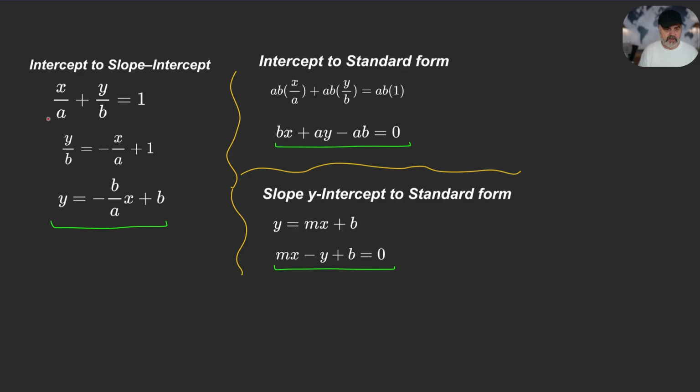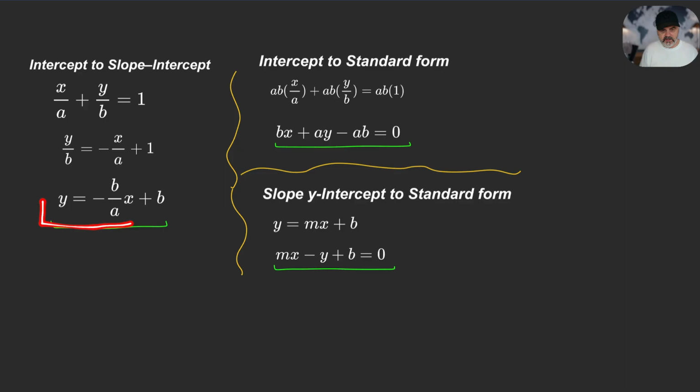For example, if you want to get from this all the way to slope y-intercept form, you would have to solve this equation for y. And you know how to do it, right? It's a linear equation. You have to rearrange. So you would move that term over to the right side. Then, because this is over b, you would multiply both sides of this equation by b, where b is a non-zero value.